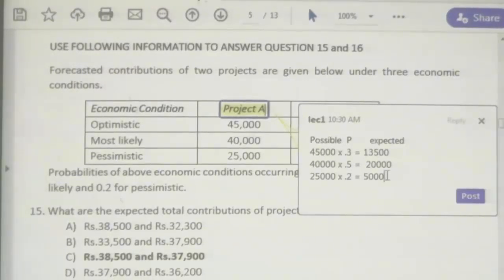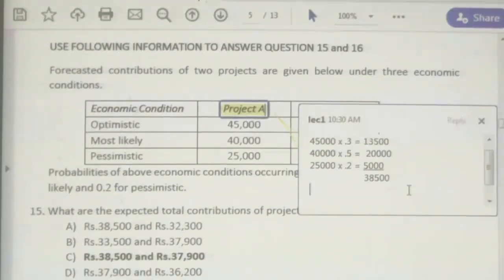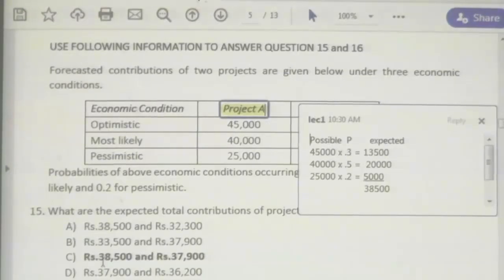Therefore, the total of these three will be 13,500 plus 20,000 plus 5,000, which is 38,500. Therefore, for project A you can say 38,500. Here you have the answer as 38,500. Therefore, you need to calculate B also.